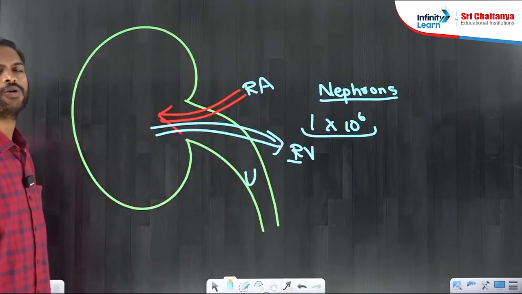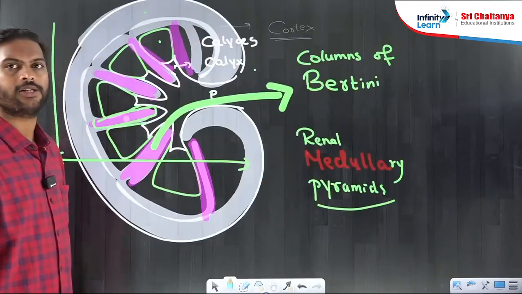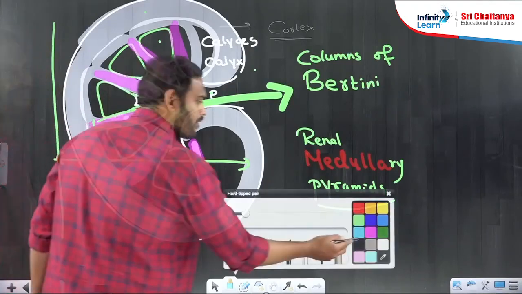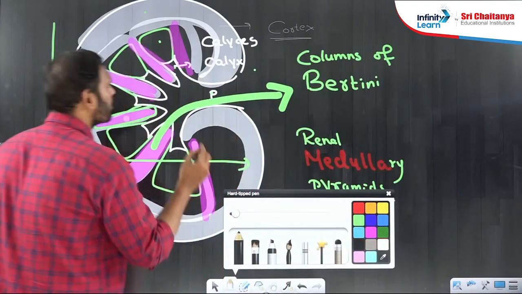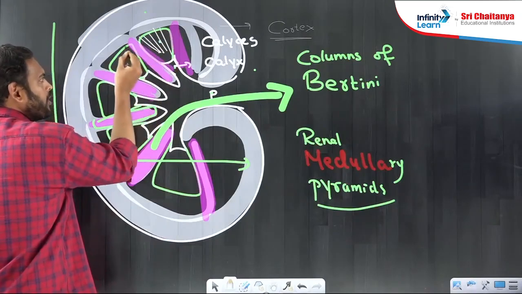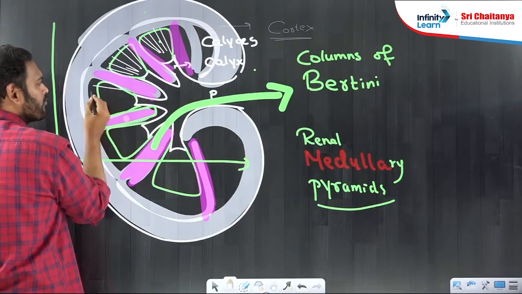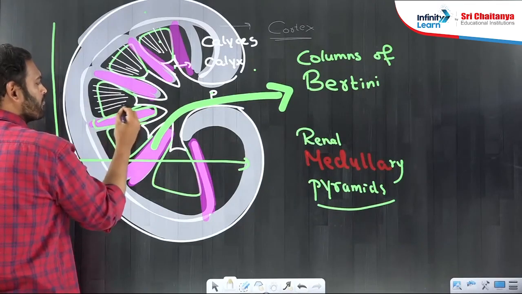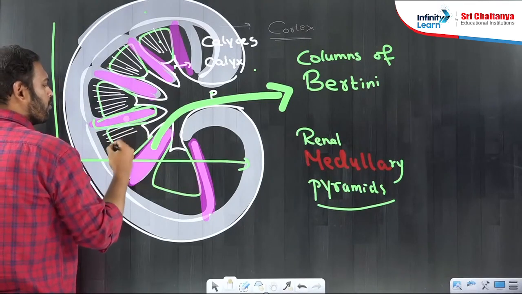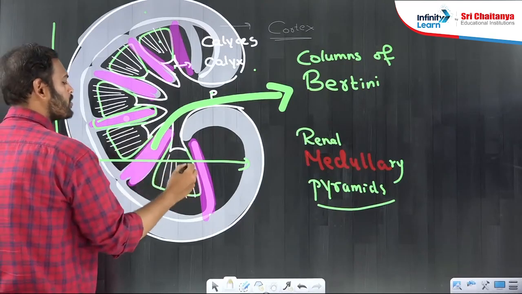Each kidney may have almost 1 million nephrons. Guys, is it clear till this point? Understood? You can see your textbooks. Nephrons will open inside the pyramids like this. There were lines in the pyramids, okay? These lines are nothing but extensions of nephrons. Once you complete this, you will get a complete scenario.